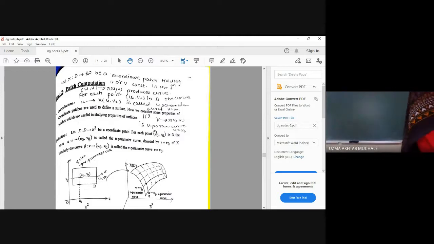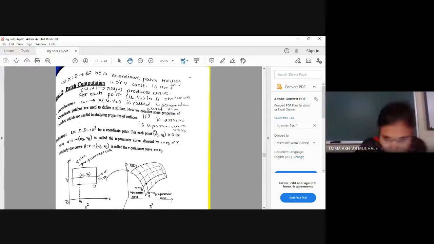Suppose you want to put any patch on your dress, so what you do for that, in a very similar way, we are going to find out what is a patch computation. Okay, so let us see what is a patch computation.